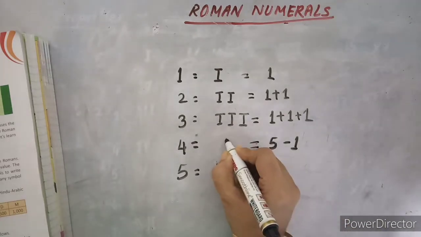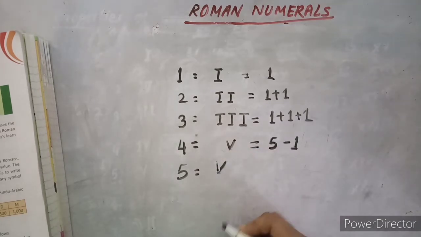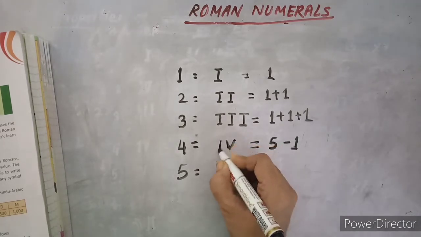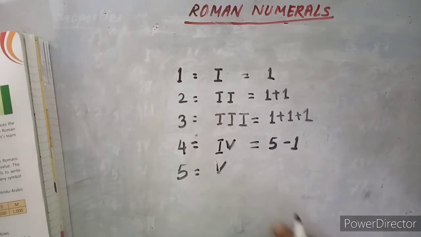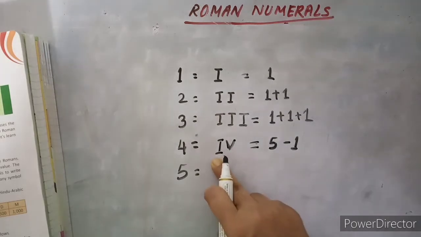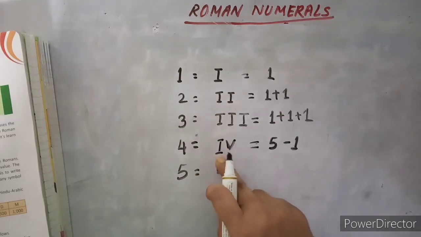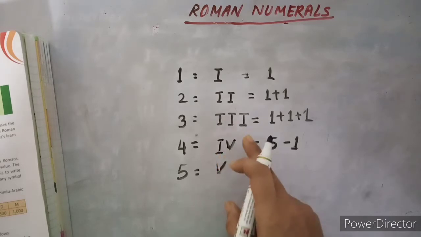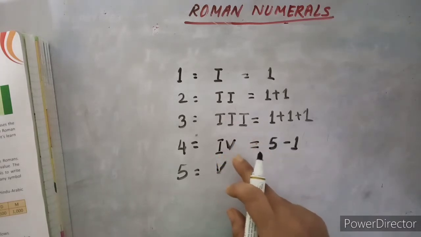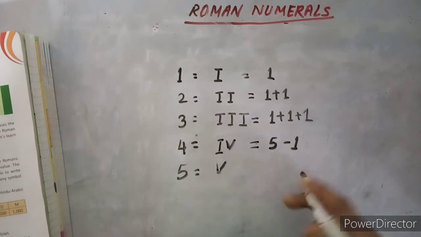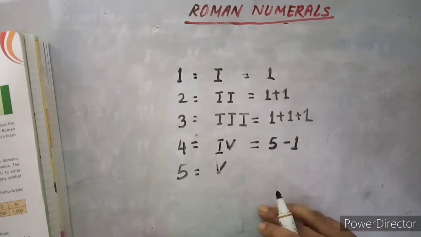So what they did is they had written 5 like V, and they had put the I sign over here. So whenever they were writing the I sign or any sign to the left of the standard symbol, then that is nothing but the minus sign.